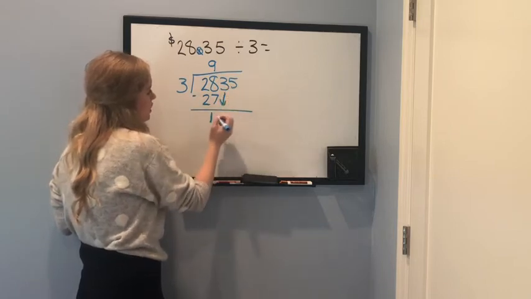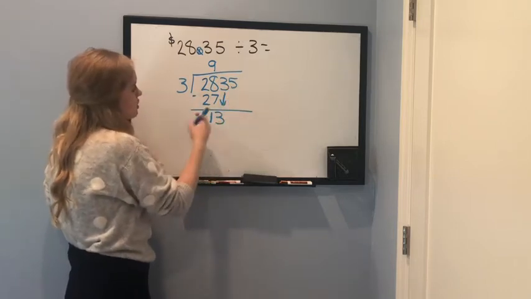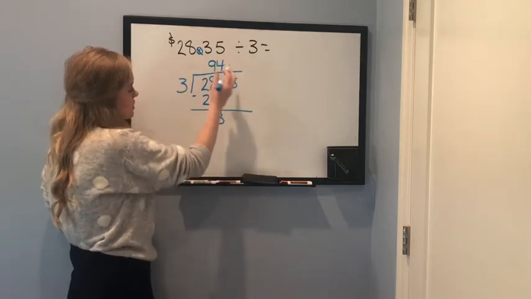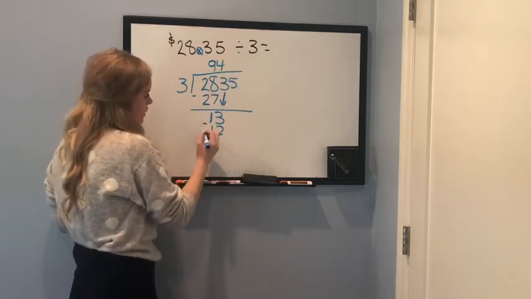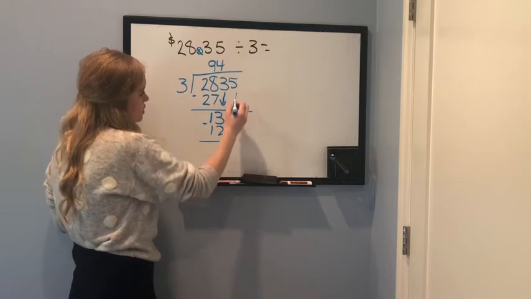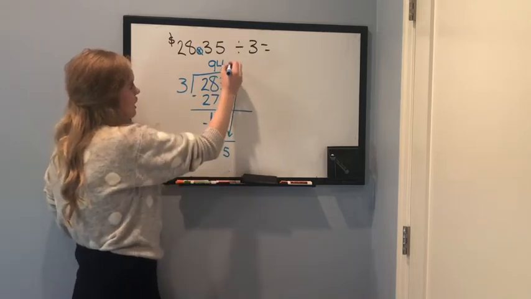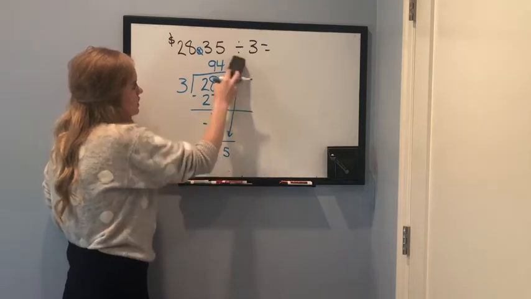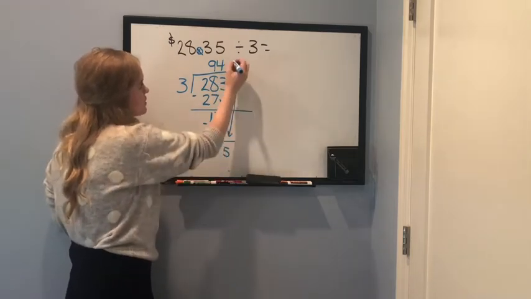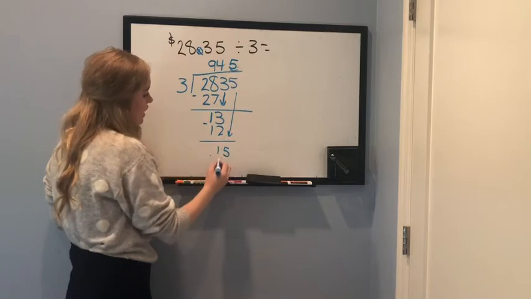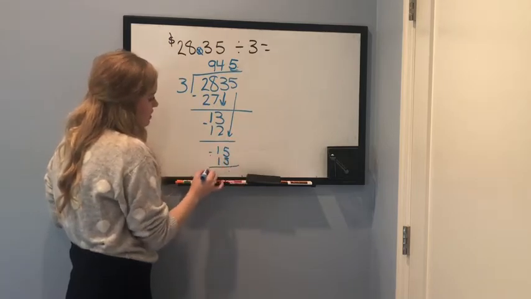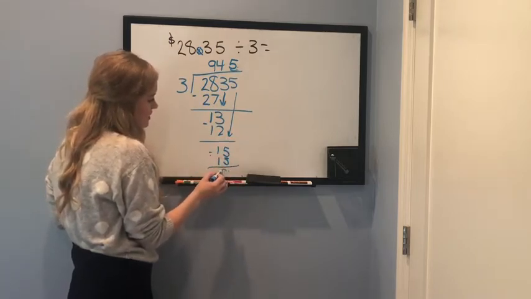We drop the 3. 3 goes into 13 4 times. 3 times 4 is 12. 13 minus 12 is 1. We drop the 5. 3 goes into 15 5 times. 3 times 5 is 15. 15 minus 15 is 0.